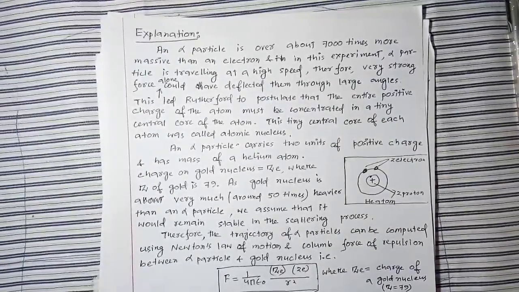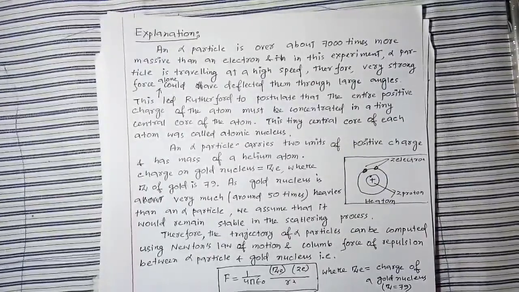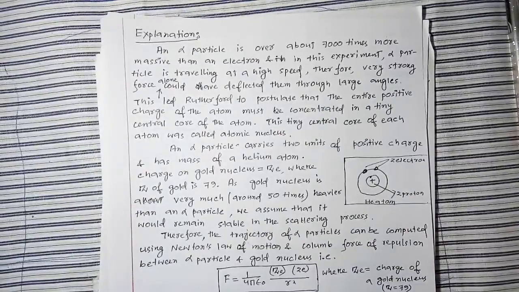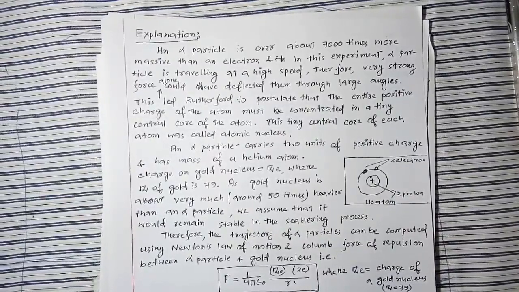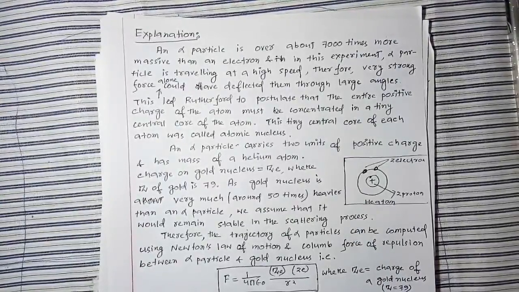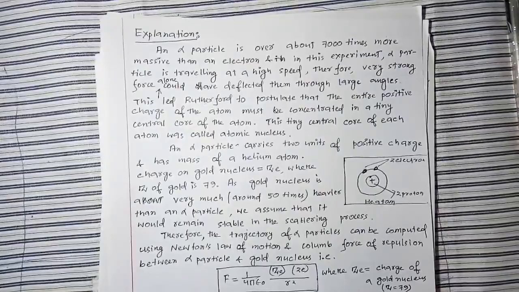Now, maximum 99% of the alpha particles are moving through the gold foil undeviated. What does it mean? It means that the maximum space inside the atom, inside the gold atom, has to be empty, because there is no spacing between the gold atoms. The alpha particle has to move through the atom, yes or no?